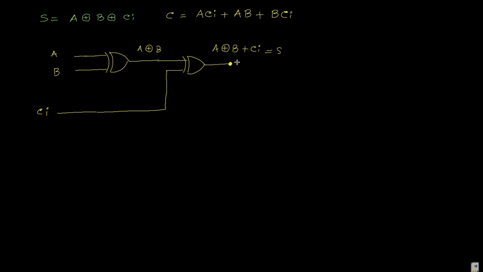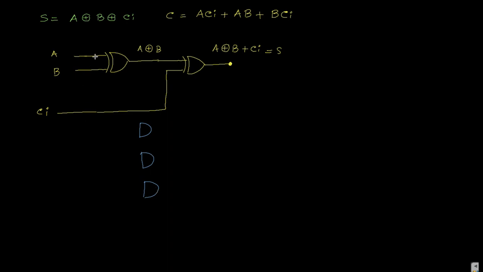Now we are going to take the ACi, AB and BCi, and all are ANDed. So we can take 3 AND gates. Here one AND gate, another AND gate is here, and this is your third AND gate.